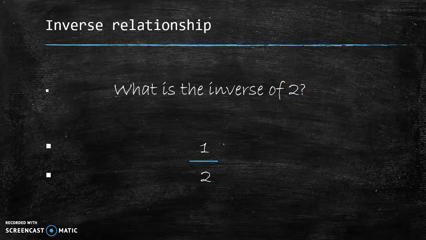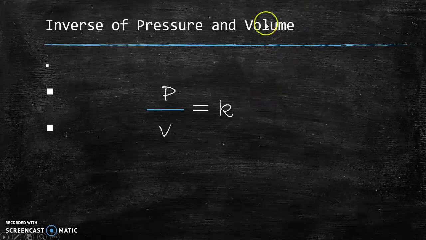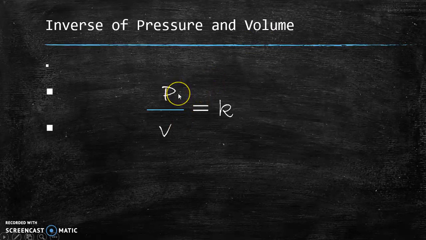When we look at pressure and volume, and we say volume is the inverse of pressure, we have volume underneath pressure. This is a formula showing the relationship that volume is the inverse of pressure, and that those would equal a constant. We will look at that constant when we talk about ideal gas law, but this is just one way to show the relationship between pressure and volume.